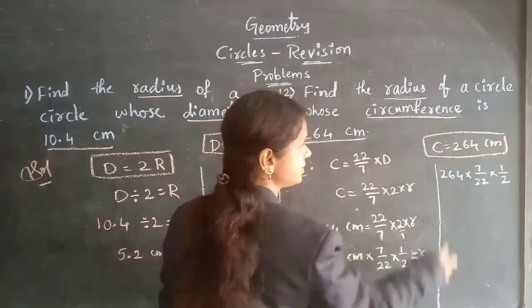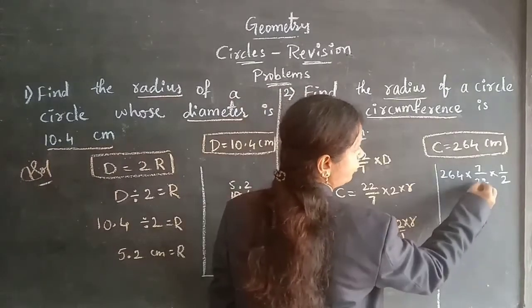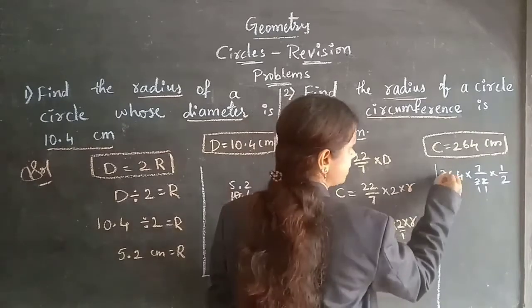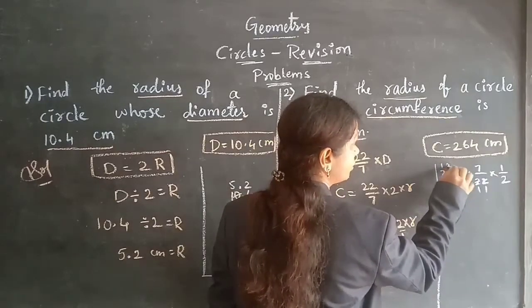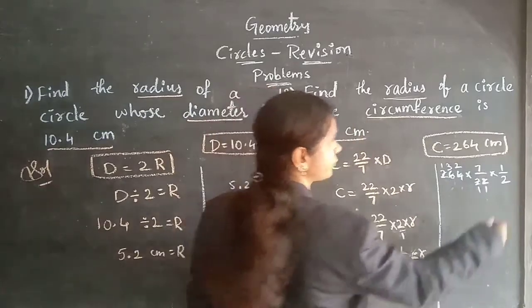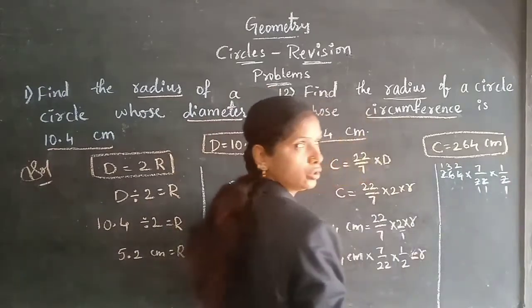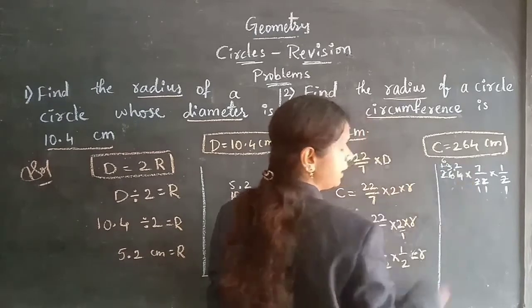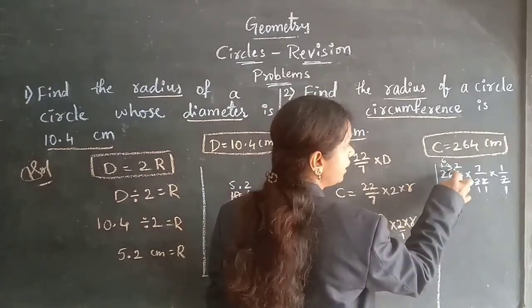Come on, let's cancel 264 and 22 in the table. 2 ones are 2, 2 ones are 2. Next, 2 threes are 6, 2 twos are 4. Now 2 ones are 2, 2 sixes are 12, and 1 will be left here from 13.